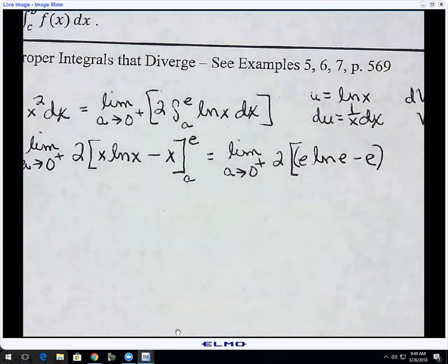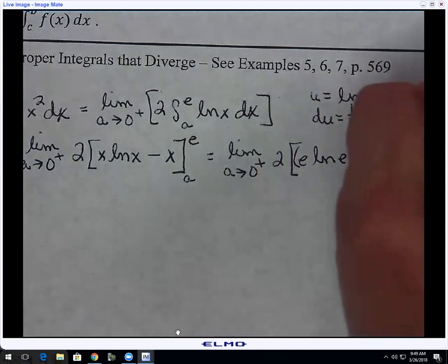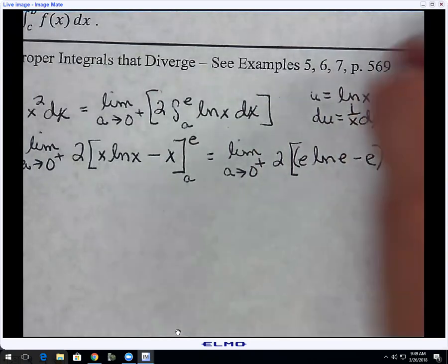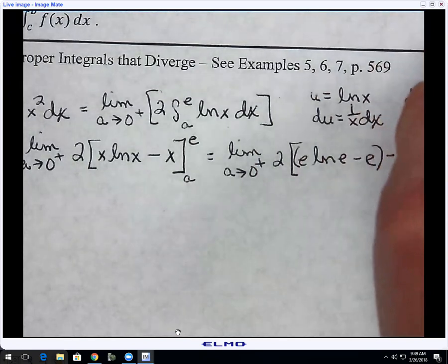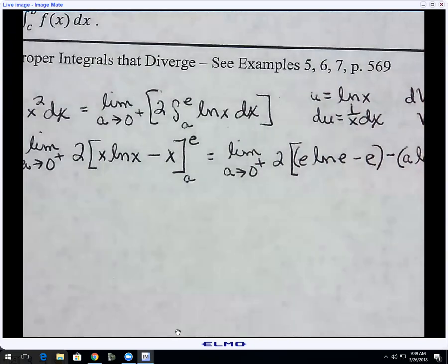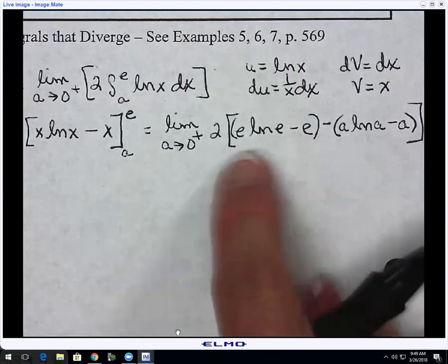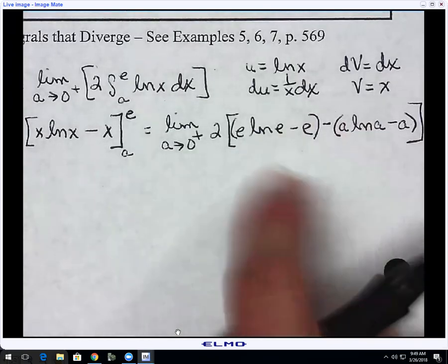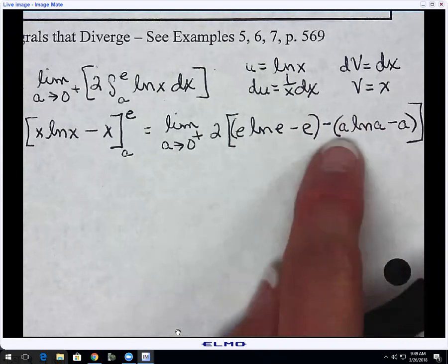That's a pretty funny expression. Minus, put a in place of all 3 x's. I think I could sing that. It looks like yodeling or something.